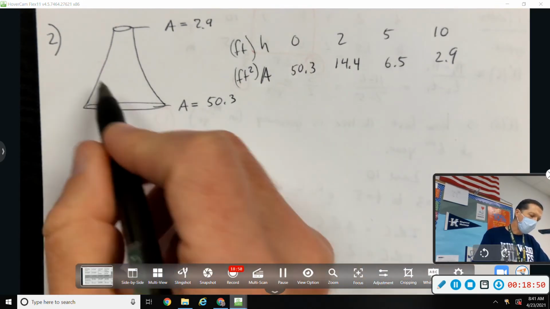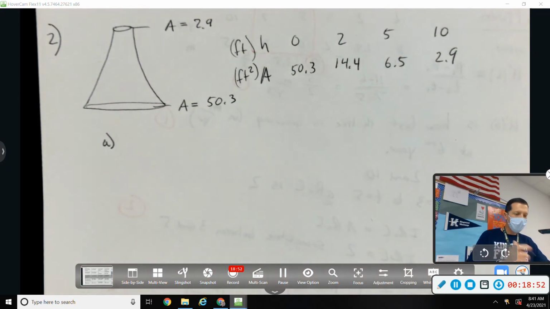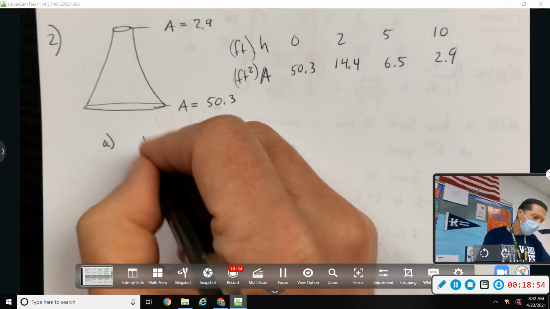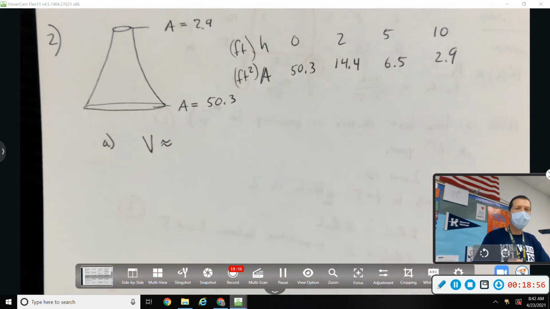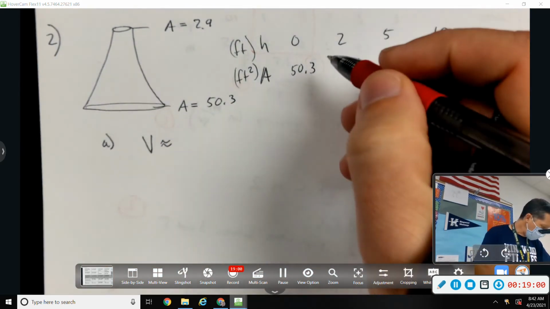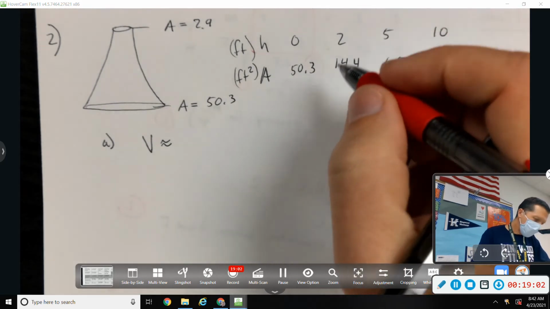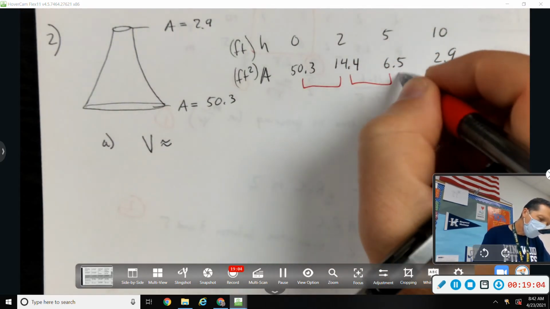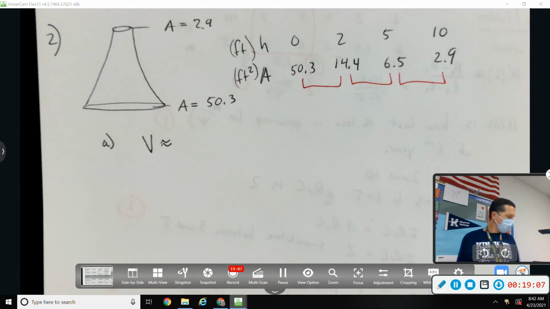Okay, so area times height would give me volume. So my volume is going to be approximated. And it even told me to use 3 subintervals. So Riemann sum, that's just rectangles. Trapezoid's kind of tricky. Riemann sum is just adding up the rectangles.